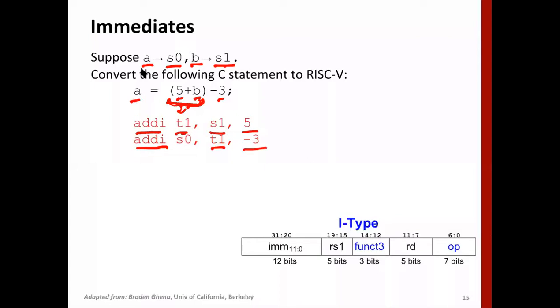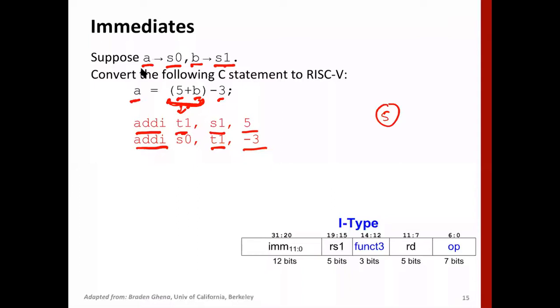Excuse me, sir. Sir, you said that we could mention the immediate value in decimal, binary, or hexadecimal. How does it understand that 5 is in decimal, or for hexadecimal? Ultimately whatever you write has to be converted by the assembler into lower level. So when you write just a simple 5, it will take it as decimal. These are defined as the syntax of assembly language.